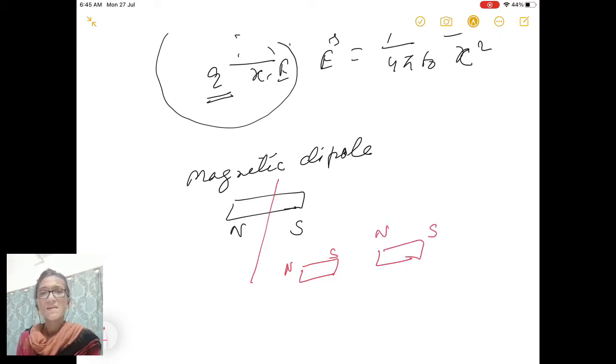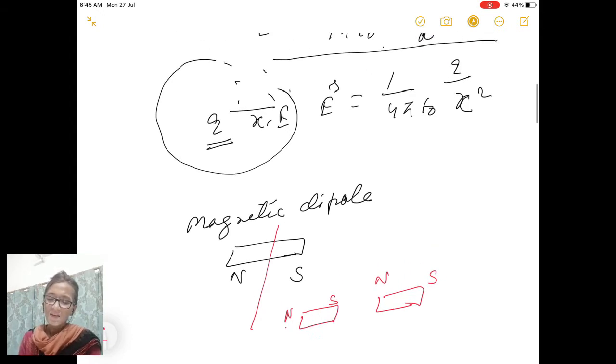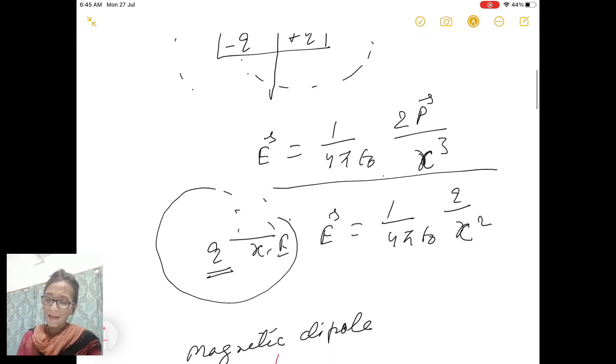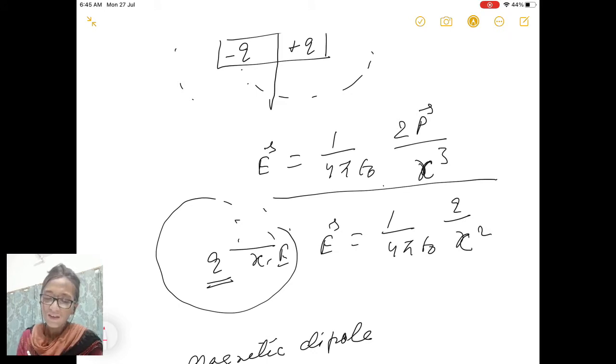You never come to a single pole, you always come to a combination of two poles, north pole and south pole. So a single north pole cannot be realized in case of a magnet.